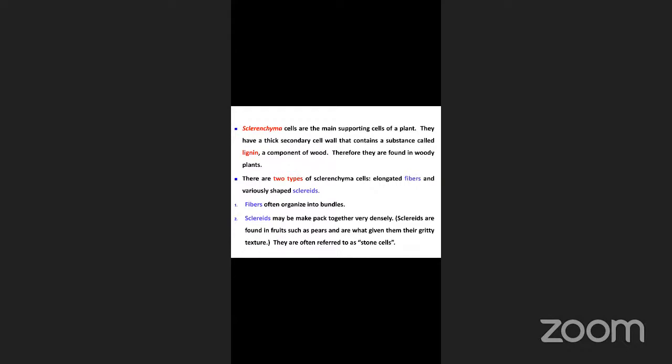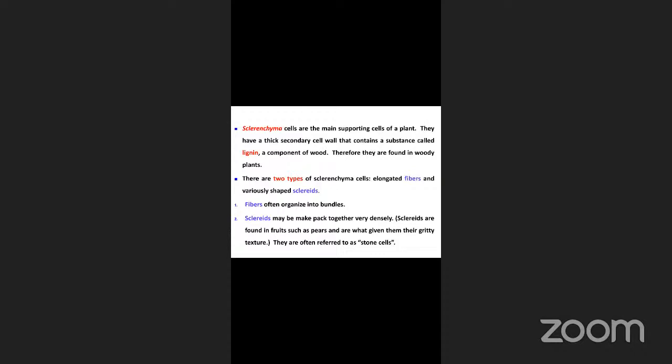Commercial fibers are divided into two types: hard fibers and soft fibers. Hard means filled with lignin, or lignified fibers.